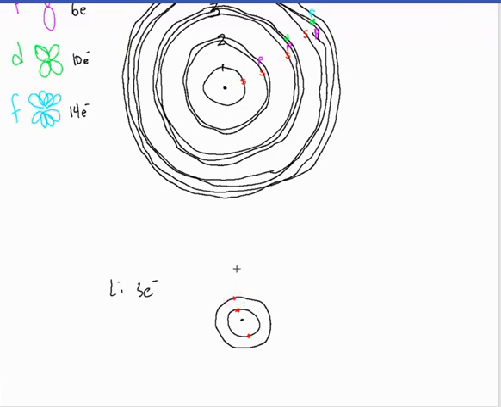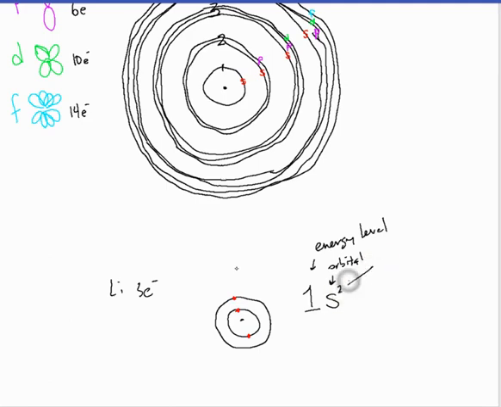And so if I wanted to write out what we just drew, I would write the energy level of 1. So this is my energy level. And then I would write the orbital shape, the shape of s. And then I would put how many electrons are in 1s. Well, there are 2 electrons in that 1s.